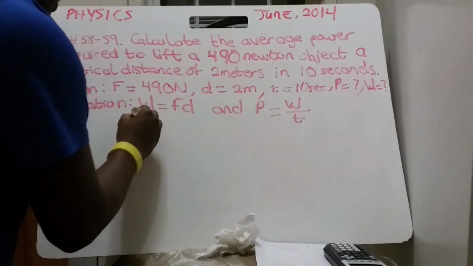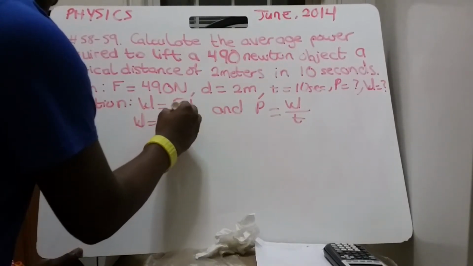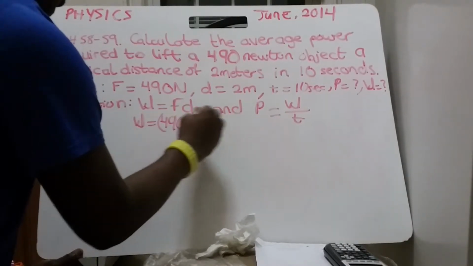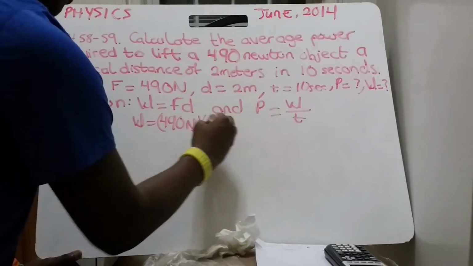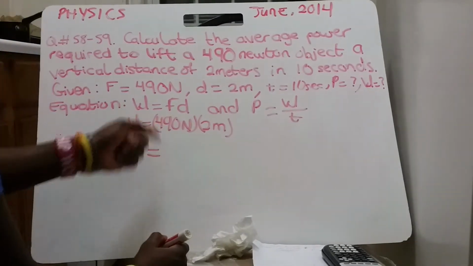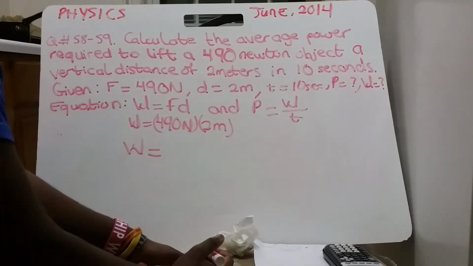So work equals force, which is 490 Newtons, times distance, which is 2 meters. So work comes out to be, just think about this, what's 500 times 2?